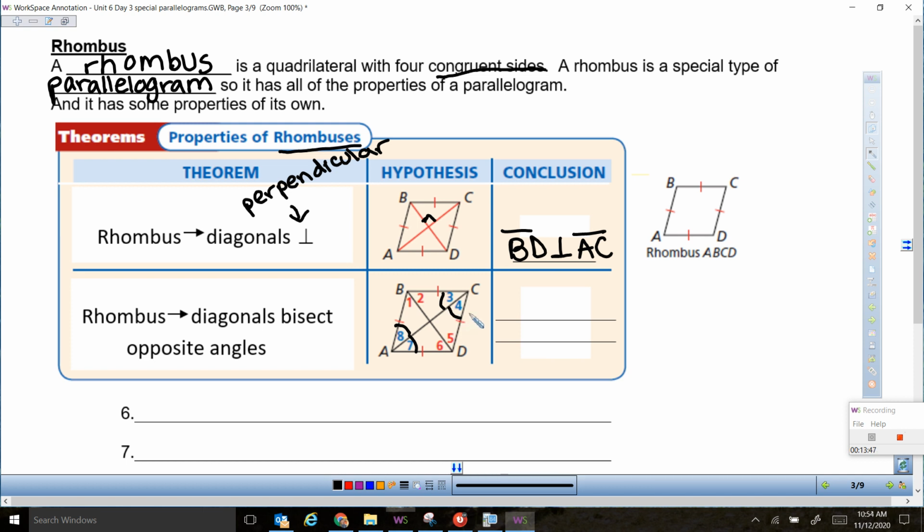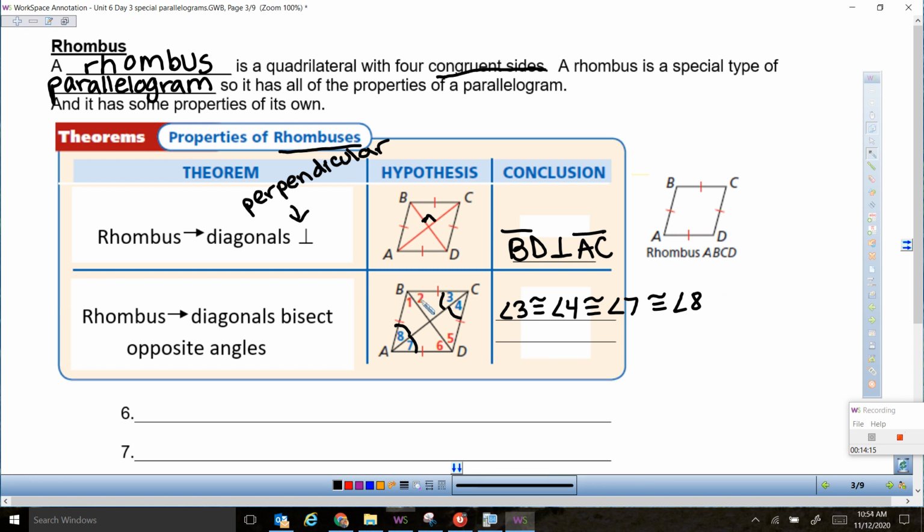Opposite angles are congruent. So we start out with angles that are congruent, and then we cut congruent angles in half, so all four halves are congruent. To write that, angle 3 is congruent to angle 4, which is congruent to angle 7, which is congruent to angle 8. So 3, 4, 7, and 8.